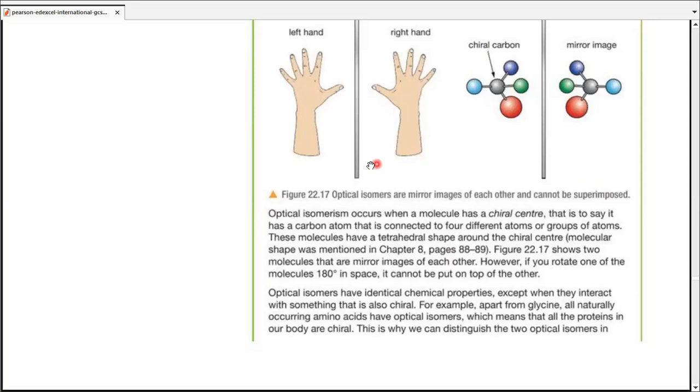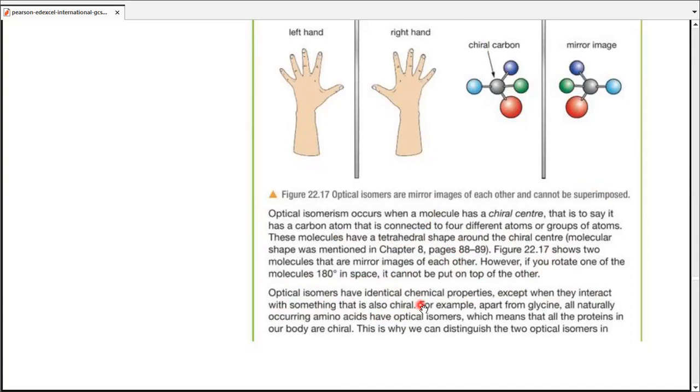All right. So the left-hand side and the right-hand side are actually rotated 180 degrees in space, but you cannot put one on top of the other. Optical isomers have identical chemical properties, except when they interact with something that is also chiral.